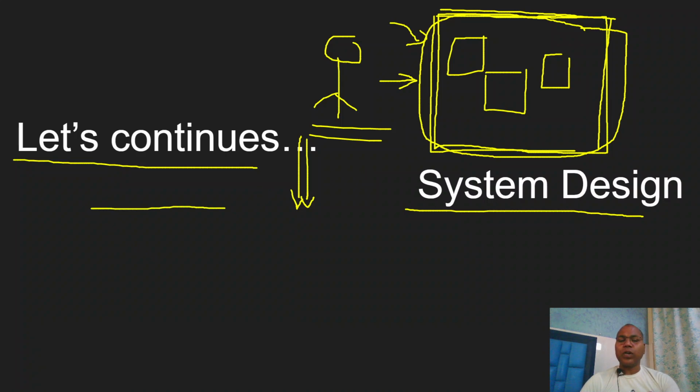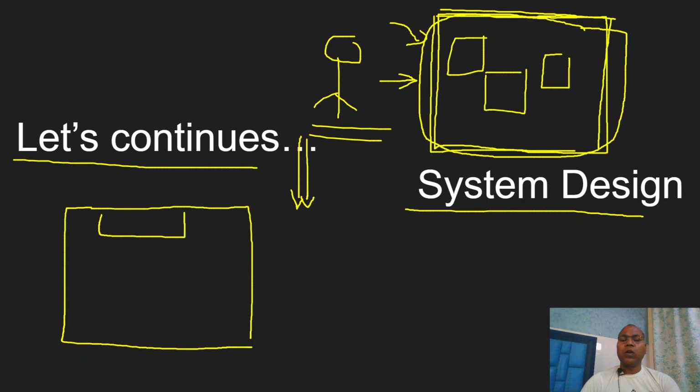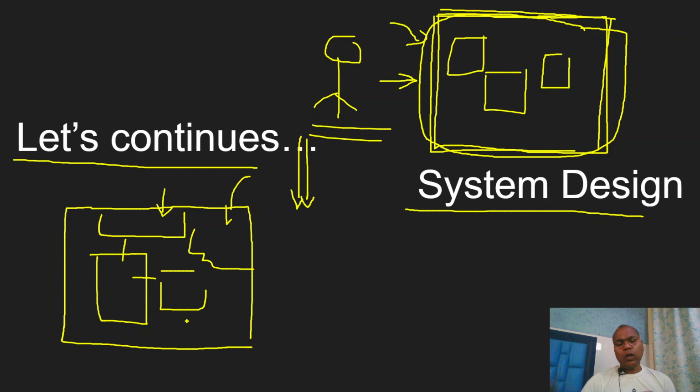For whatever your land area, what are the height and width, and in this area which portions, what size you allocated for your gate, what size for your gardening, what the room size would be, what the number of rooms would be, how the communication between the different rooms happens, where the gate would be.